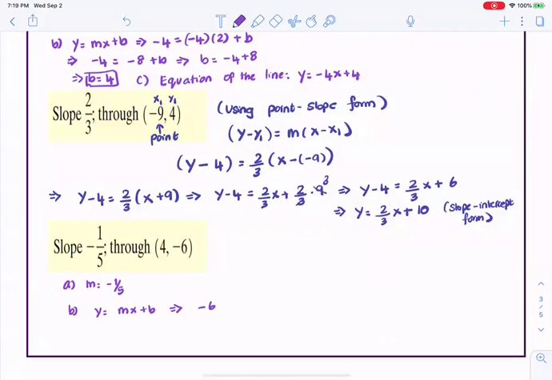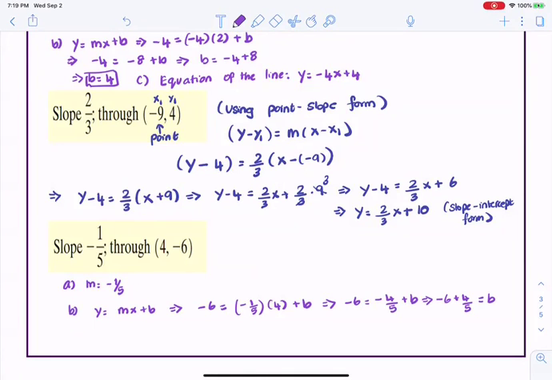So -6 is equal to -1/5 times 4 plus b. -6 would equal -4/5 plus b. Move the -4/5 to the other side. Have -6 plus 4/5 equals b.